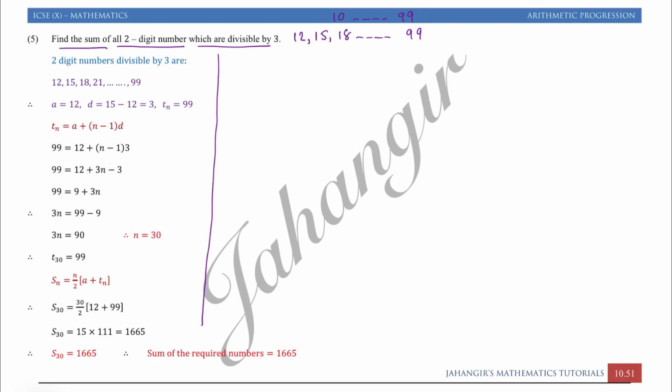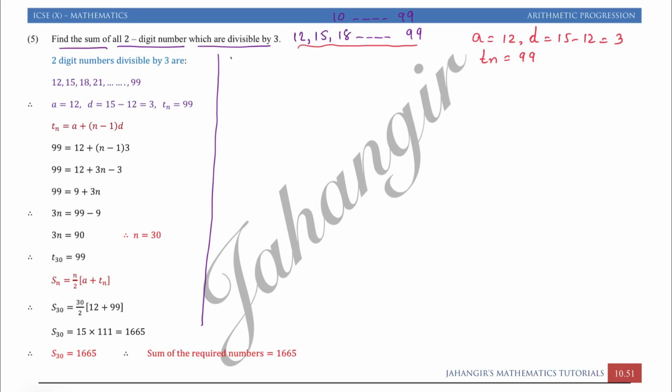When we get the sequence, we can write all the information: a is equal to 12, d is equal to 15 minus 12, that is equal to 3, and tn is equal to 99. Last term is 99. We have to find the sum of all these numbers. For that, first we will find how many terms are there in this sequence.